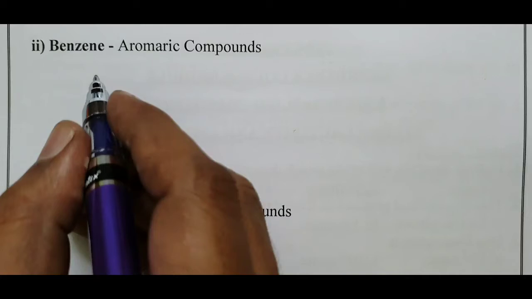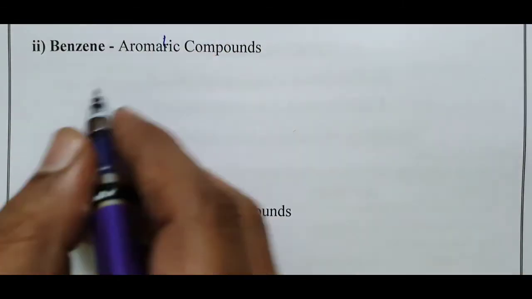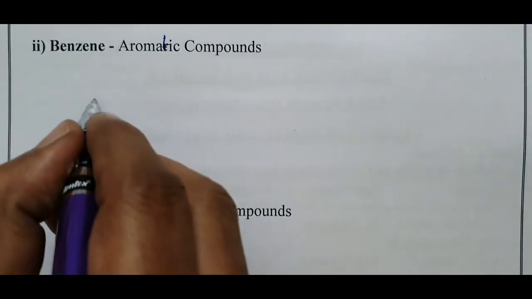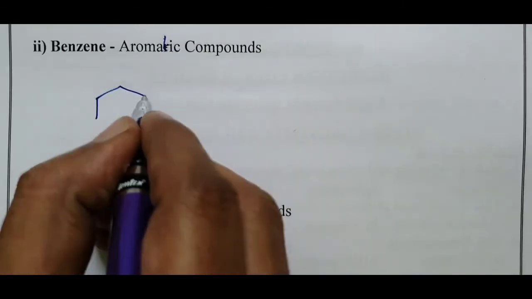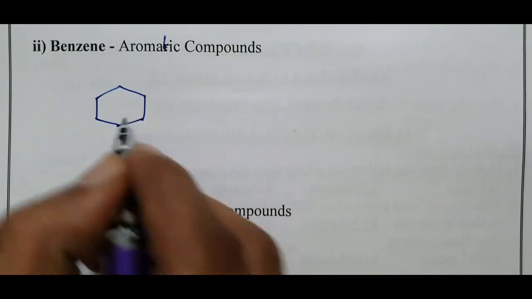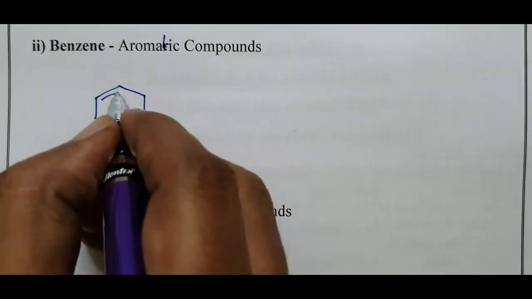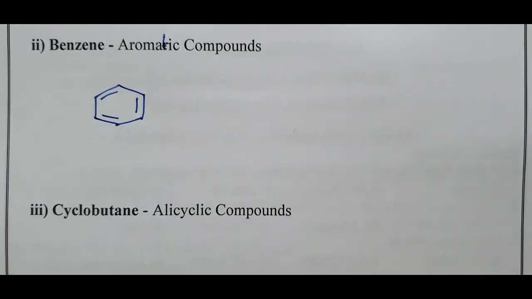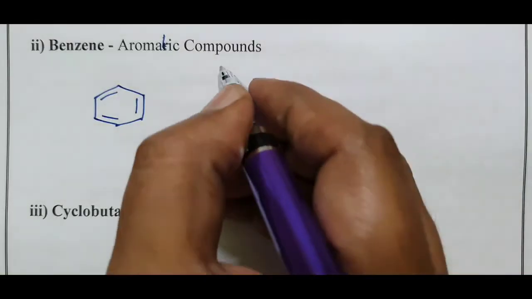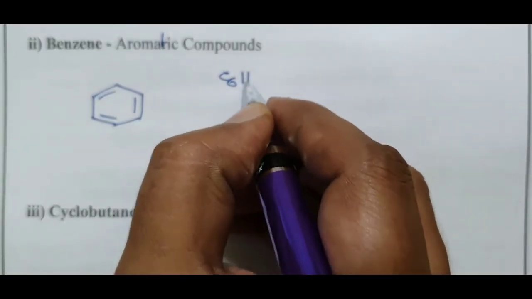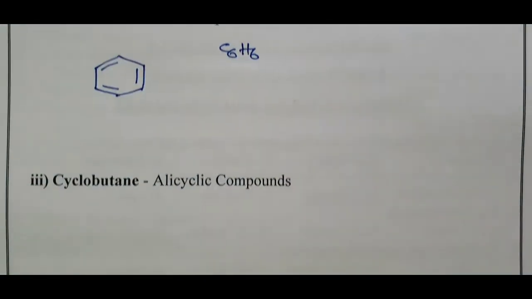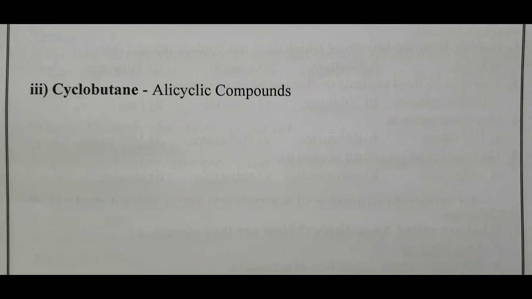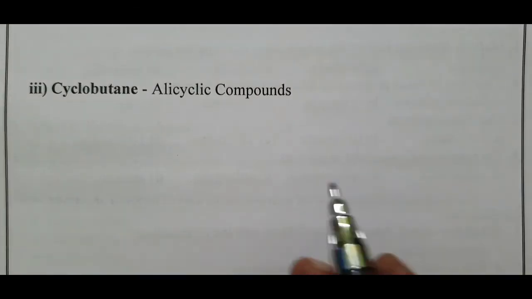Benzene, an aromatic compound, molecular formula C6H6, containing alternate single and double bonds. This is your benzene, molecular formula C6H6. Come to cyclobutane, it comes under alicyclic compound.